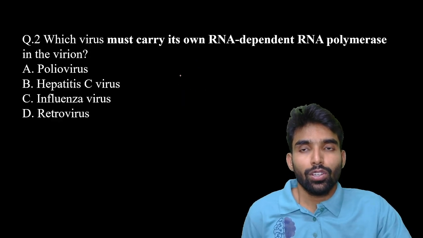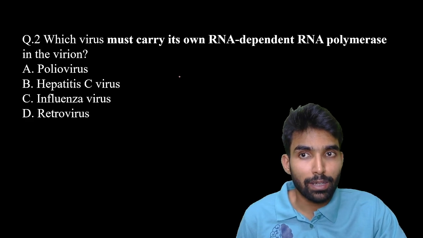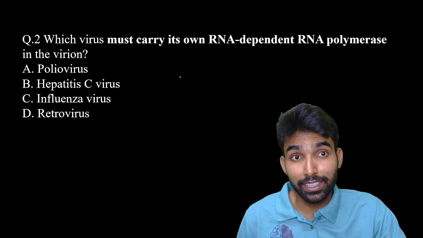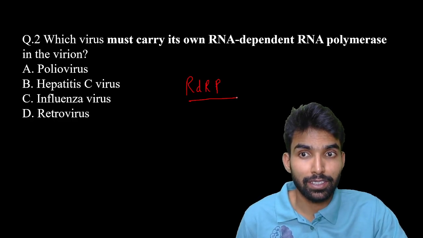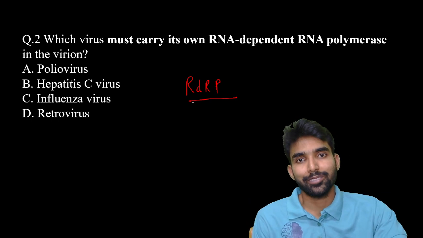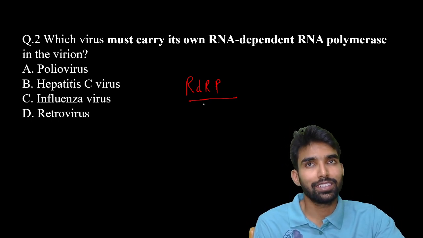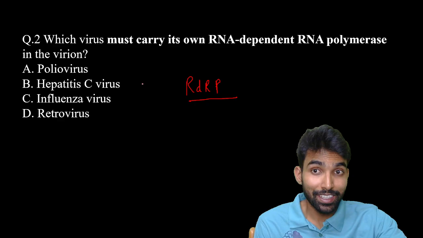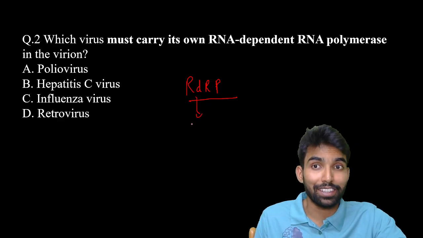Next, which virus must carry its own RNA dependent RNA polymerase in the virion? Which virus must carry RDRP? Think. Here you need to think first, which of them is an RNA virus?